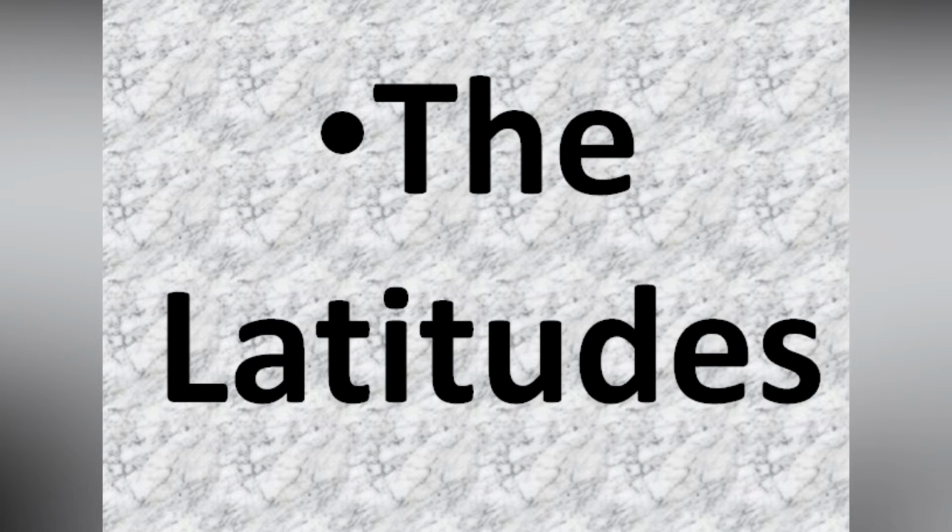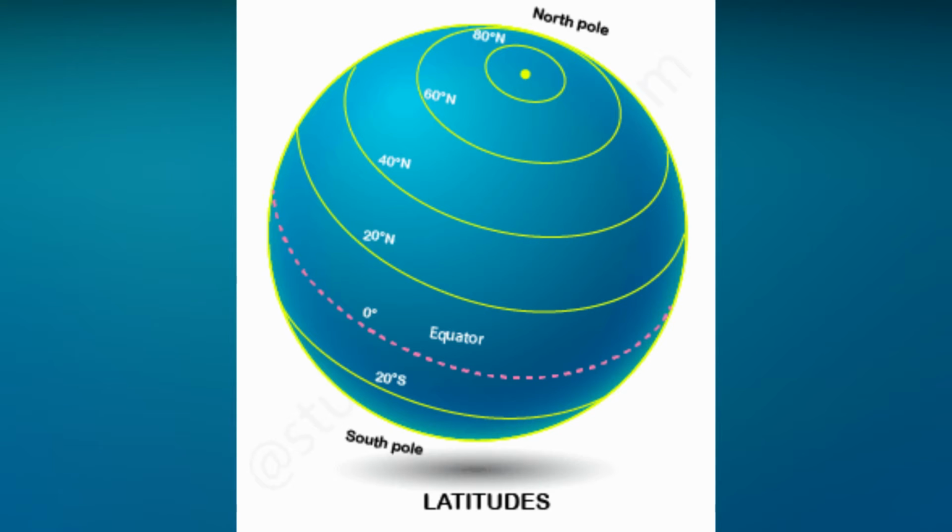The latitudes. Look at the globe. You will see lines parallel to the equator are called latitudes. They are complete circles. The equator is the longest of the latitudes. There are 180 latitudes, 90 to the south of the equator and 90 to the north of the equator.